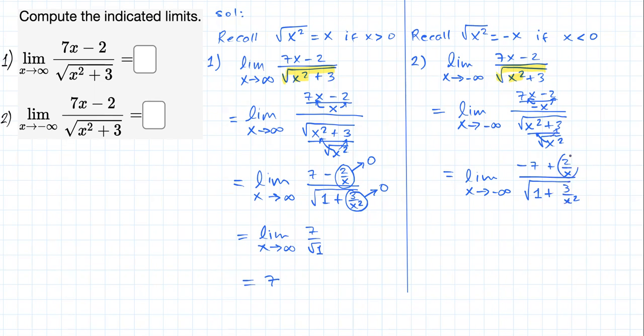Now, as we did before, this guy goes to 0. This guy goes to 0 in the limit, right? So what is left? Well, the following is left. Limit as x approaches negative infinity of minus 7 over a square root of 1. The square root of 1 is 1. 1 into minus 7 is just minus 7.